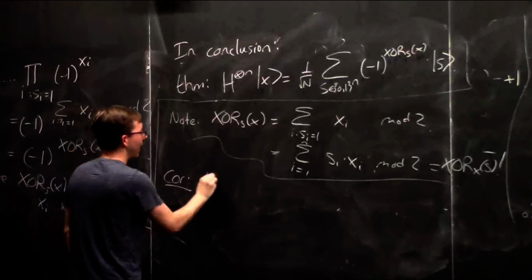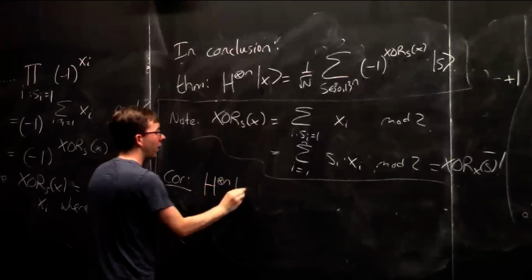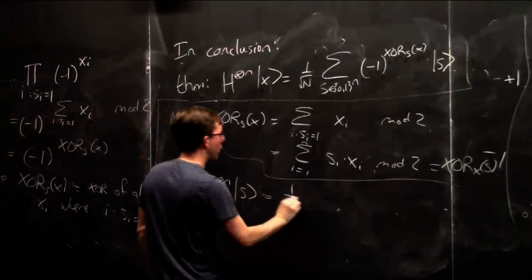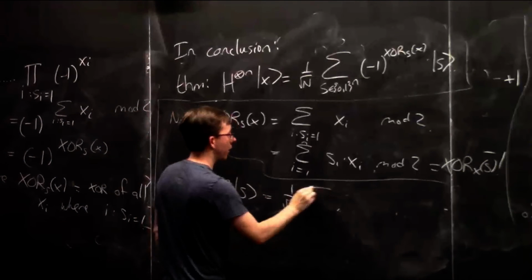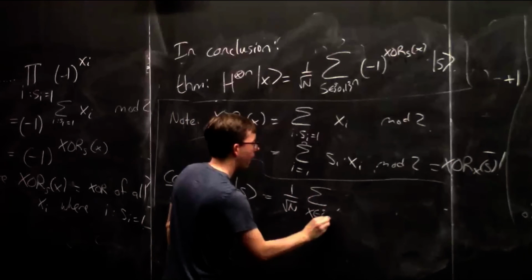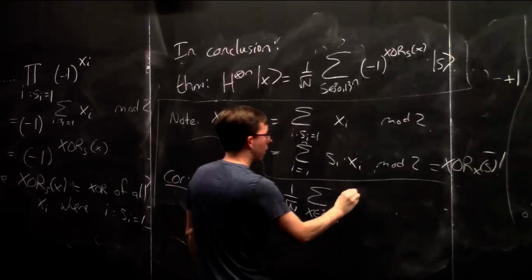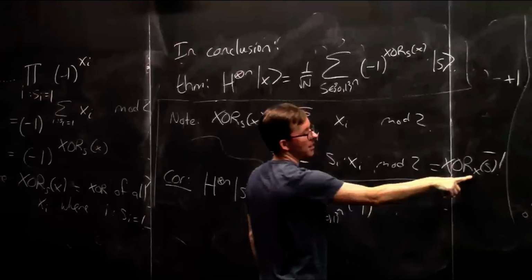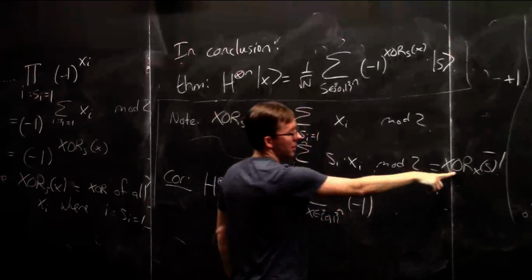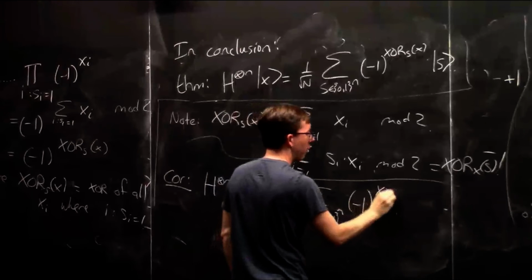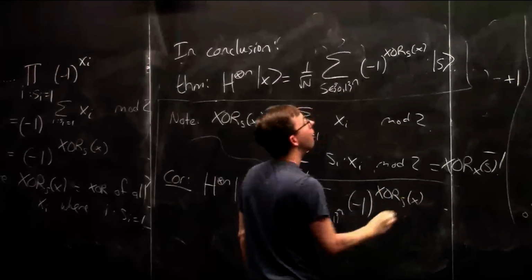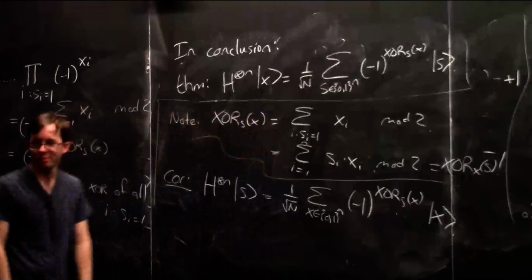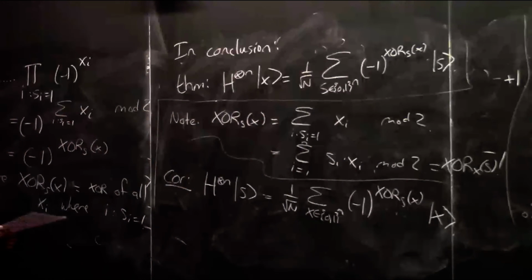So then H tensor n of s is 1 over root N, reversing x and s, the sum over x in {0,1}^n of (-1) to the XOR sub S of x again, times x. Ta-da.